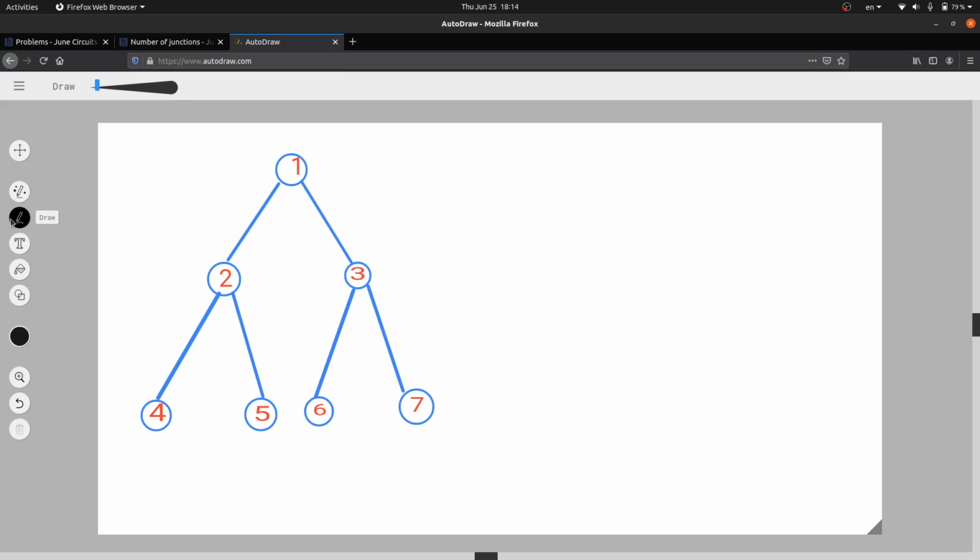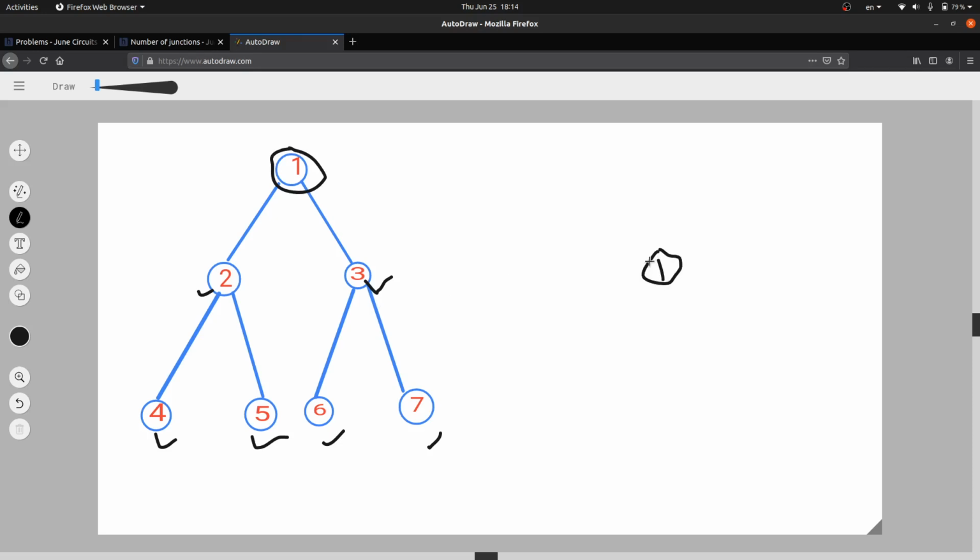The approach is that first we will find the depth of each and every node from one node that we will consider as the root. In this case, we will consider 1 as the root. In every problem, we will consider 1 as the root.